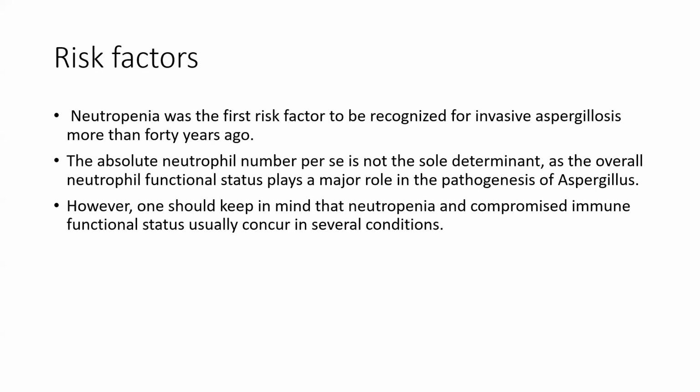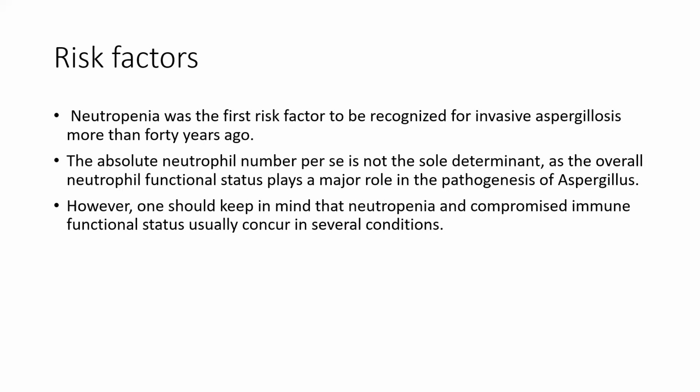Now, the risk factors. Neutropenia was the first risk factor to be recognized for invasive aspergillosis more than 40 years ago. The absolute neutrophil count per se is not the sole determinant, as overall neutrophil functional status plays an important role in the pathogenesis of Aspergillus.